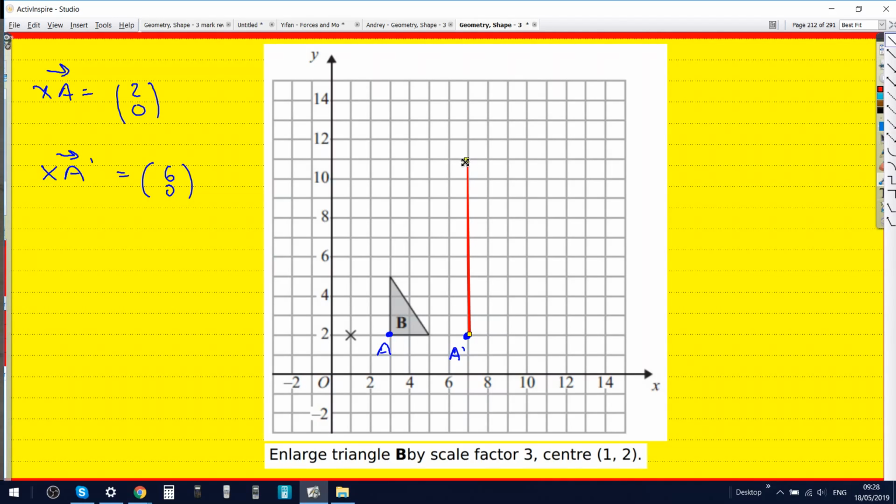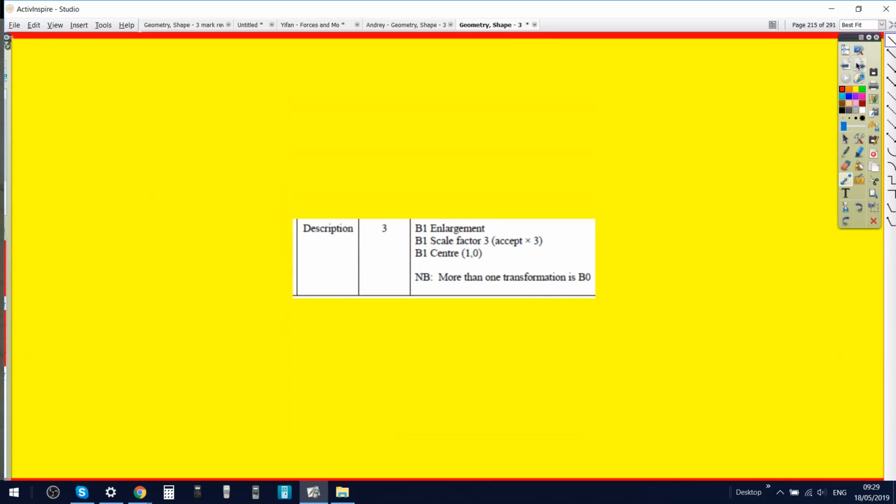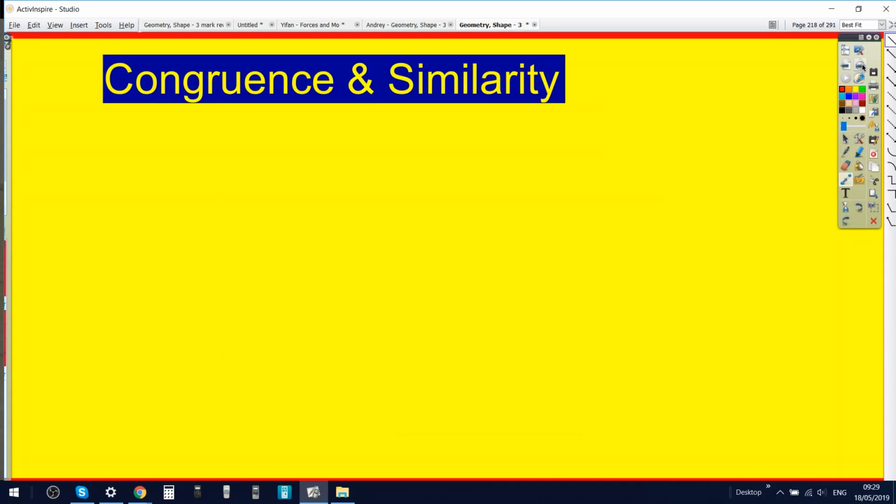And then it'll be 6 across. Yeah. And then the last one you get for free. Yeah, that's it. So from the center of enlargement to this corner, there's a space of 2. And so 2 times 3 is 6. And so now from the center to here will be 6. Okay. So don't think about that too much.